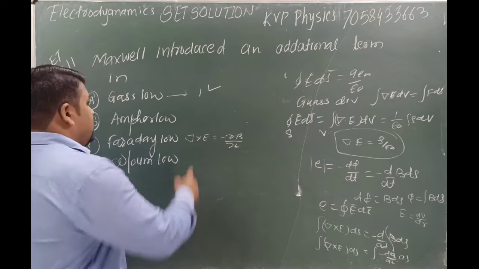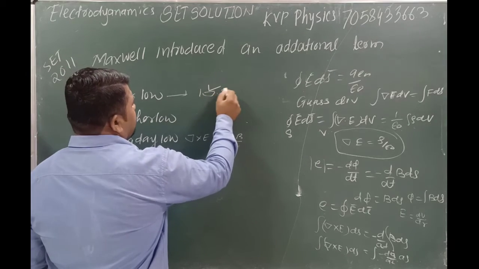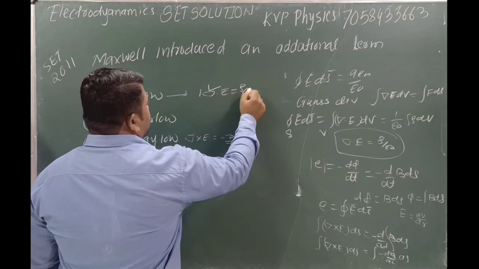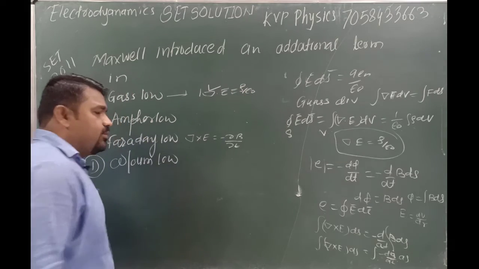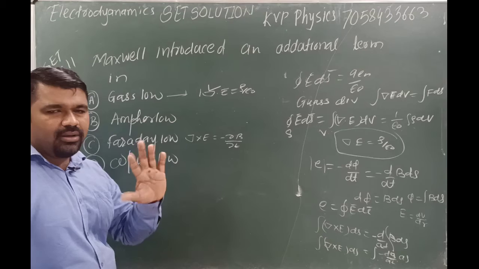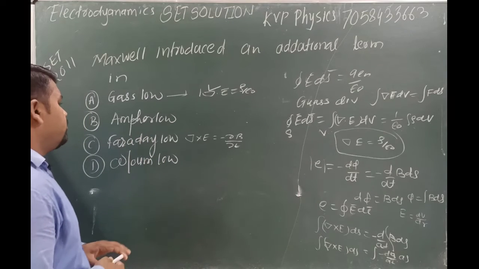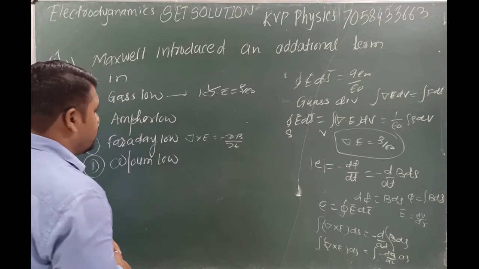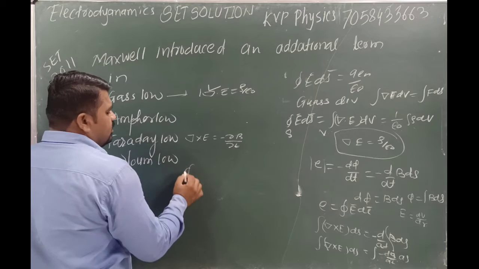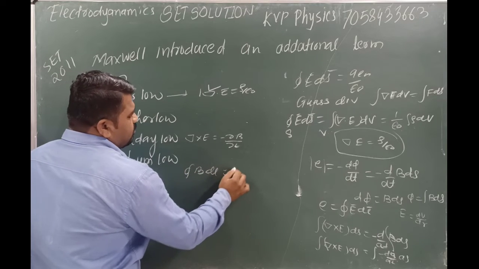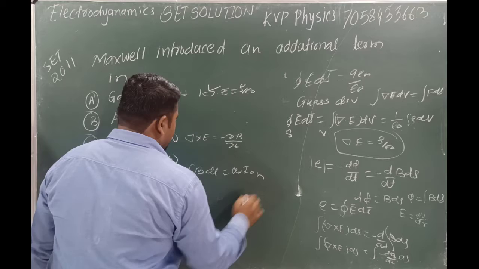Next, in Gauss law, del bar dot E bar is equal to rho by epsilon naught. Means in this case also, no need for any extra term. But we can apply Ampere's law. We know that closed integral B bar dot dl bar is equal to mu naught I enclosed.